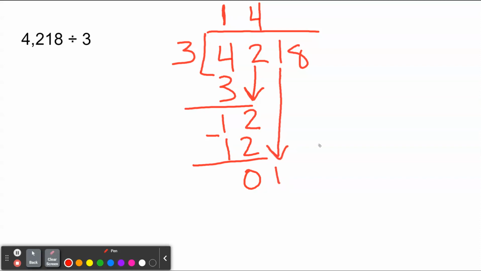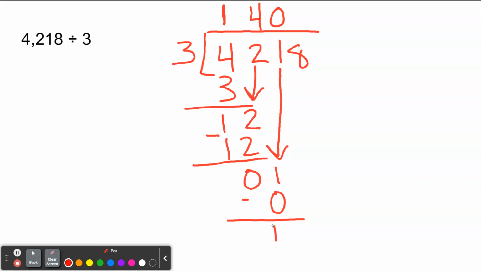So I have 0 hundreds plus that 10, so I have 10. I can't divide 10 into 3 groups, so that is going to leave me with 0 tens in each of my groups. So how many tens did I use? I have 0 times 3, which is going to be 0, and so now I have 10 left over.